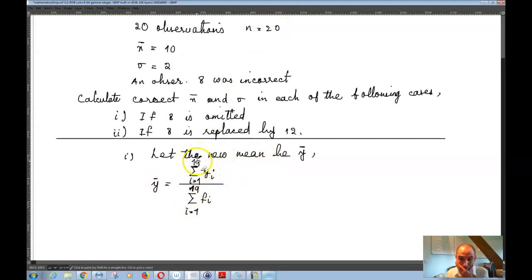Now the way that I can calculate the sum of Y of i is that from here I know that my X bar is equal to 10, which is equal to the sum of X of i as i goes from 1 to 20, divided by the sum of f of i as i goes from 1 to 20, right?